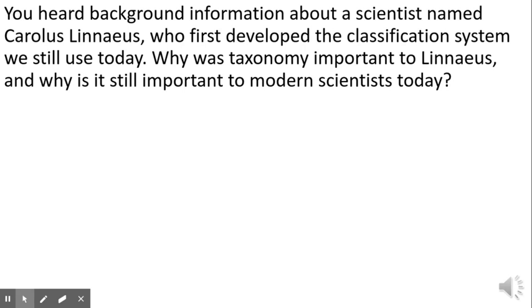So he made one taxonomy classification system so that everyone could classify animals the same way. It's important to know about different animals and their habitats. It still is today. So scientists still use that classification system.